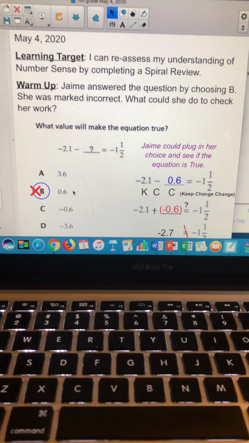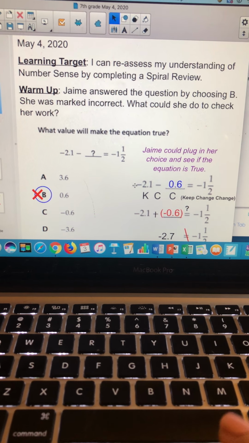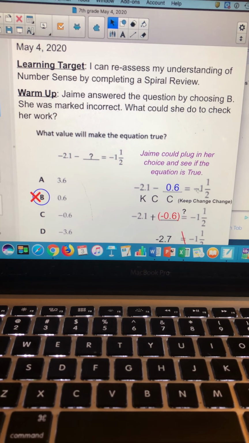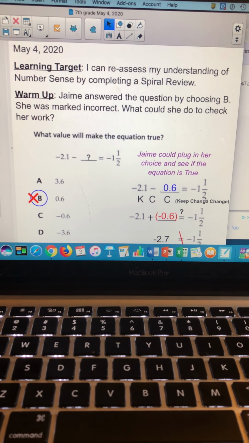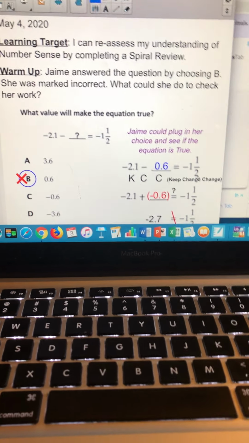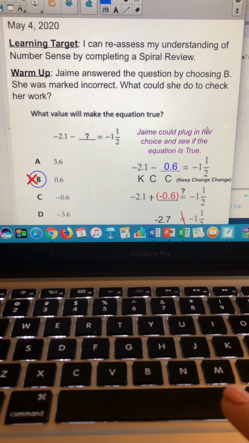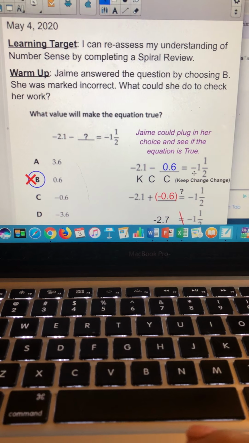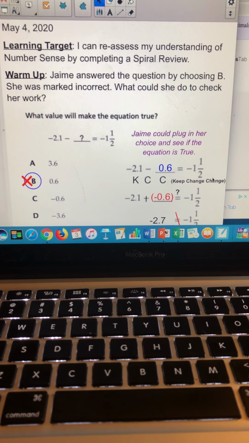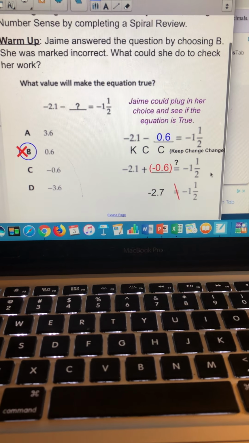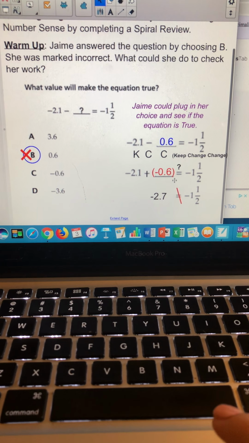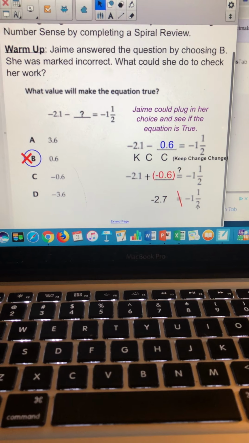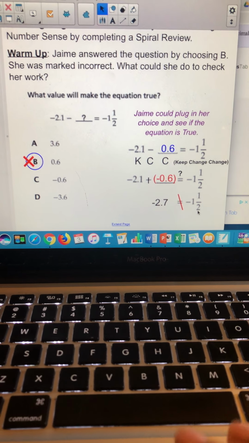What she could have done was taken her answer, 0.6, plugged it in, and seen if negative 2.1 minus 0.6 does equal negative 1.5. You could do this on your phone calculator, because they're both decimals. If we got negative 2.7, we would know that 0.6 could not be the answer because it does not equal negative 1.5.